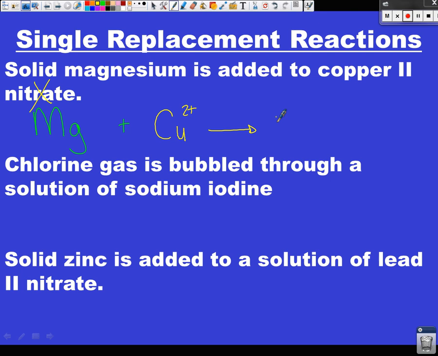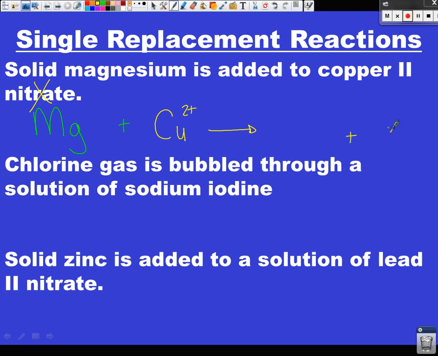If we were to write out the whole reaction, this is a single replacement. Magnesium is going to swap places with who? With copper. Why is it going to swap with copper? Metals replace metals. So copper is going to end up with who on the other side? Nobody by itself.